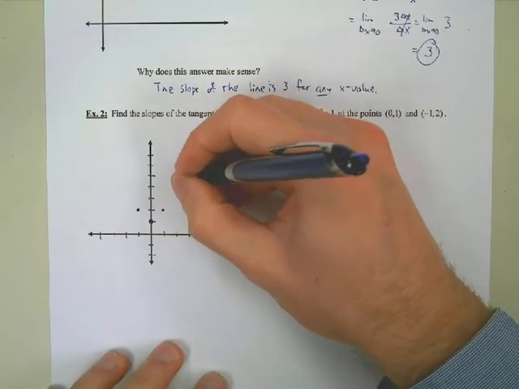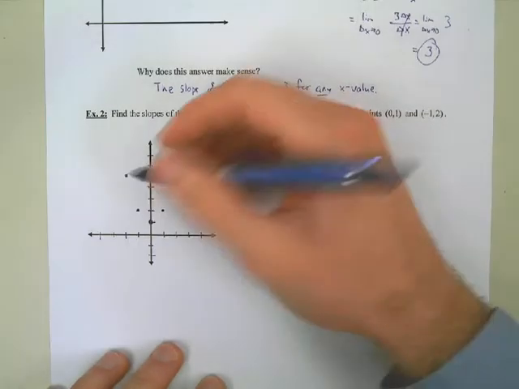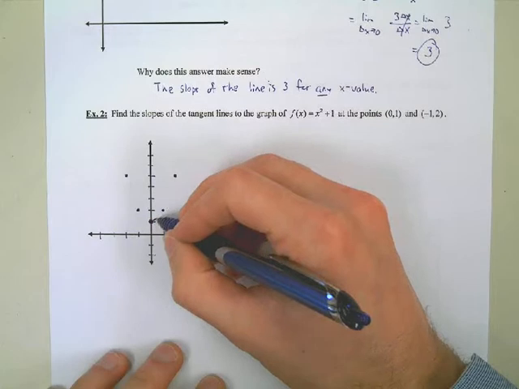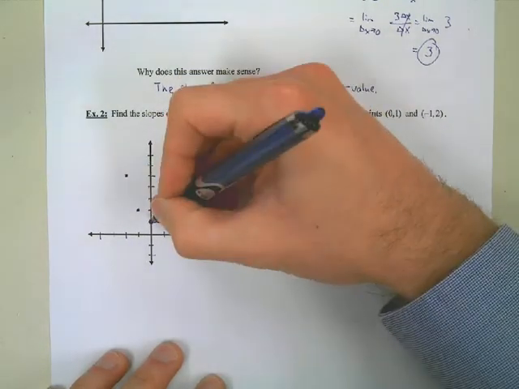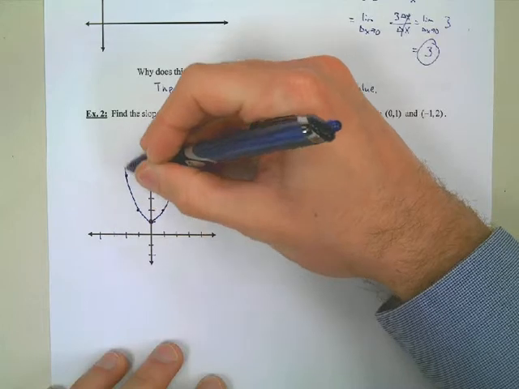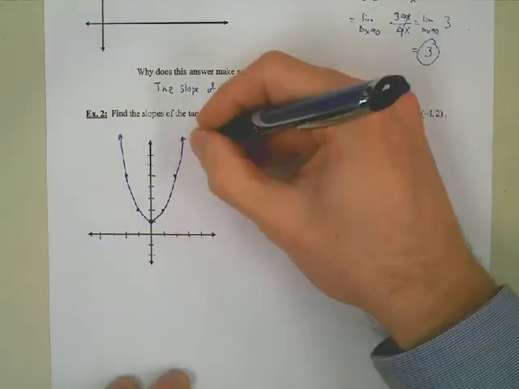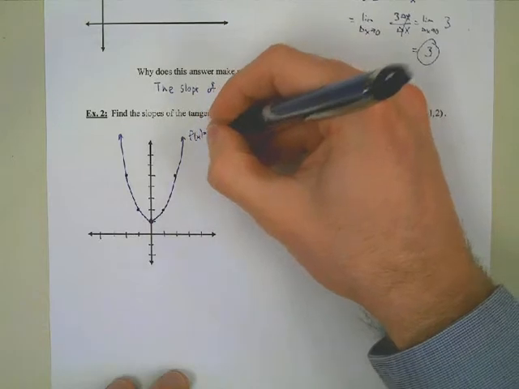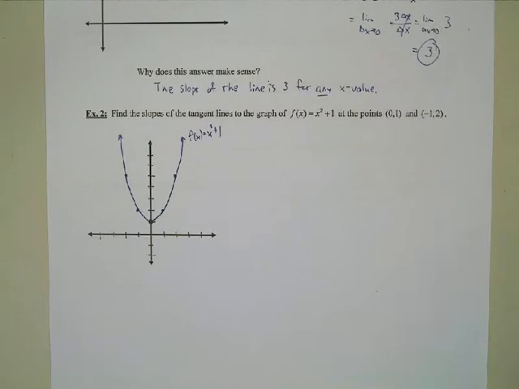And also, by symmetry, negative 2, 5 as well. And this is the function f of x equals x squared plus 1. We should have the x coordinate and the y coordinate.